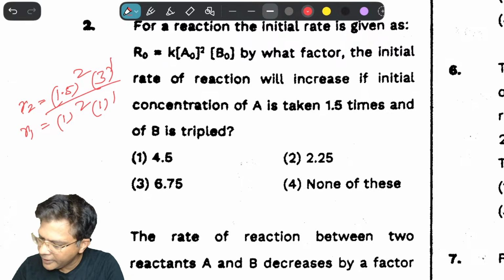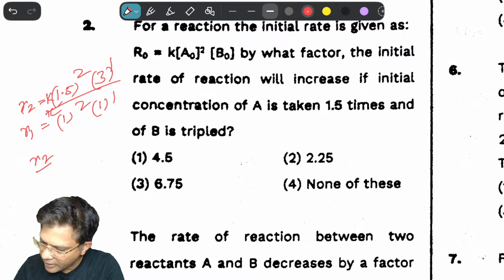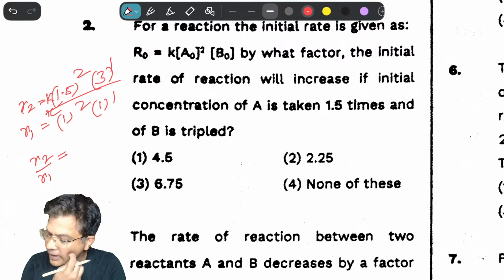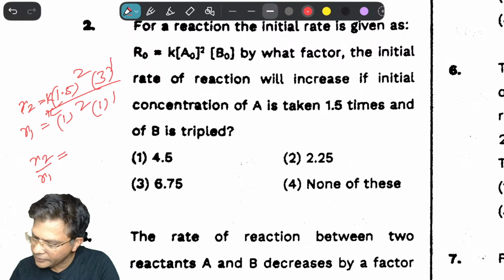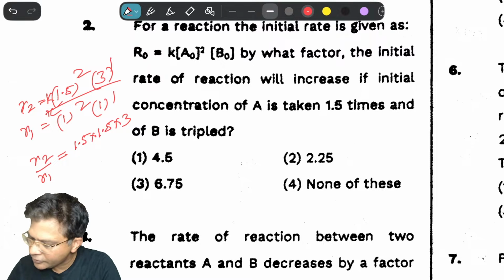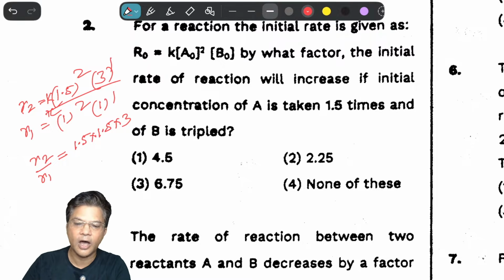If you divide it, K and K will cancel out. R2 by R1 will become 1.5 into 1.5 into 3 divided by 1. So 1.5, 15 square. How much is 15 square?